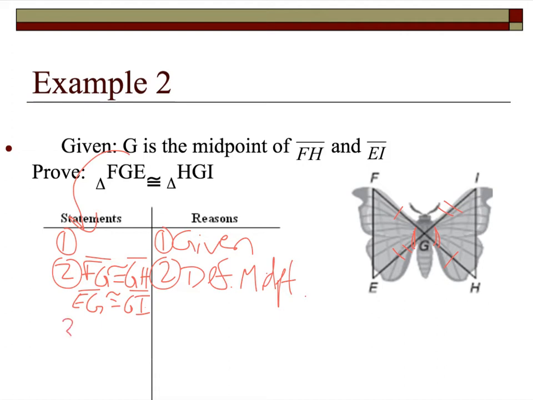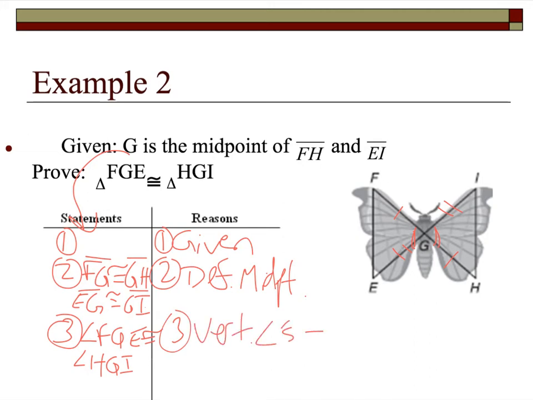Next one. I've got angle FGE is congruent to angle HGI, and that would be our vertical angles congruent. Woo! Do I have enough to prove these triangles congruent?